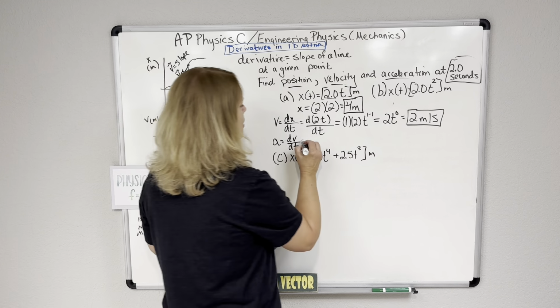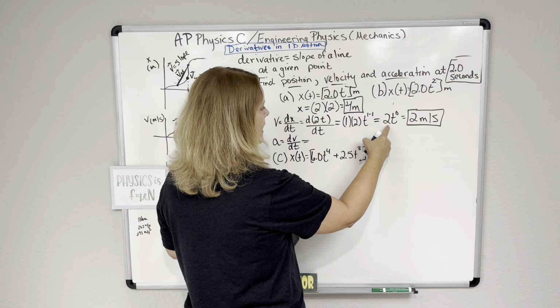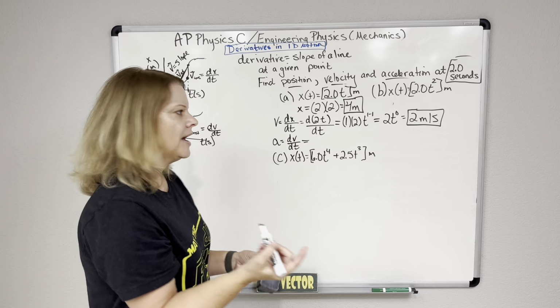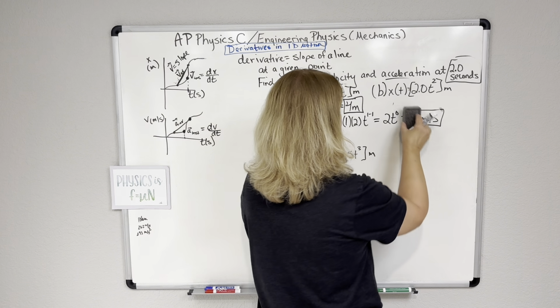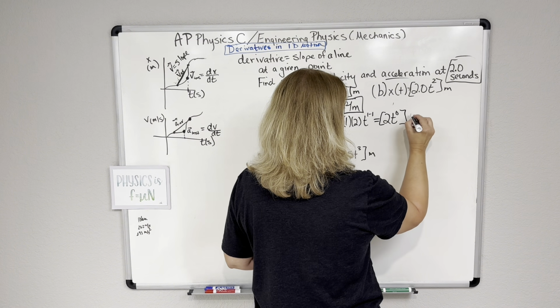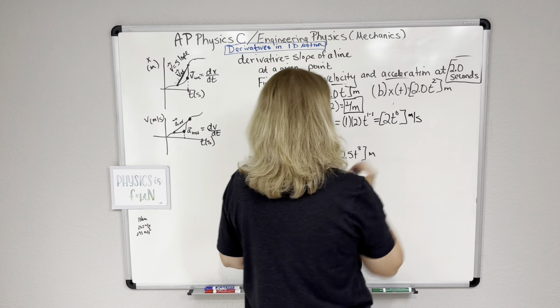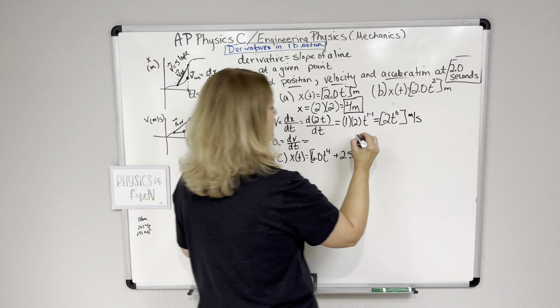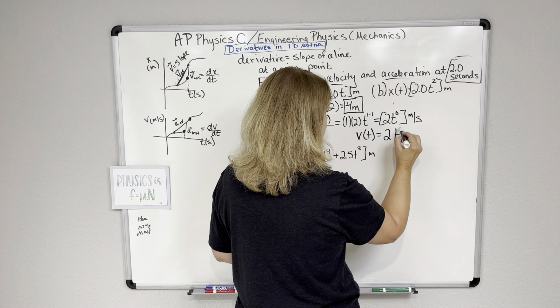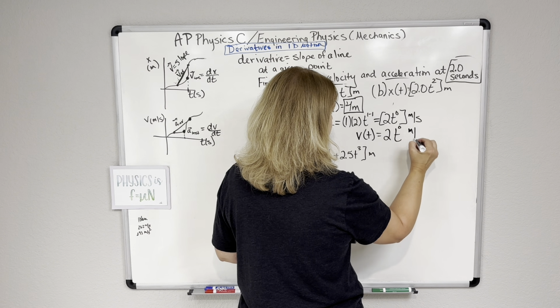All the same. Okay, now I know that my equation was 2t to the 0. That was my equation. And let me go ahead and put a little box around that for meters per second. So what I'm saying is that my velocity with respect to time is equal to 2t to the 0 meters per second.